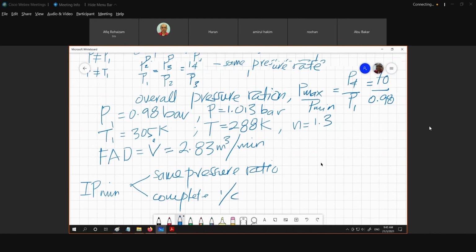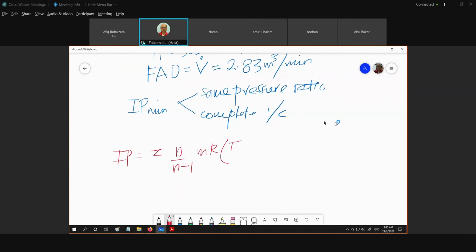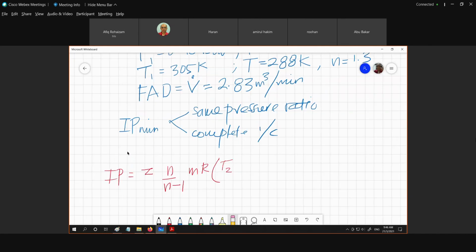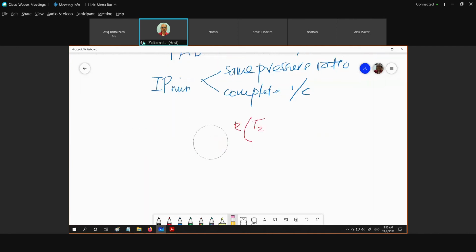This is T2, kan dalam kes ni bukan tu lah T2. Let me read that back. Saya tak hafal dia punya formula yang menggunakan Z tu. Tapi saya nak gunakan di sini the basic formula yang lebih saya faham lah.